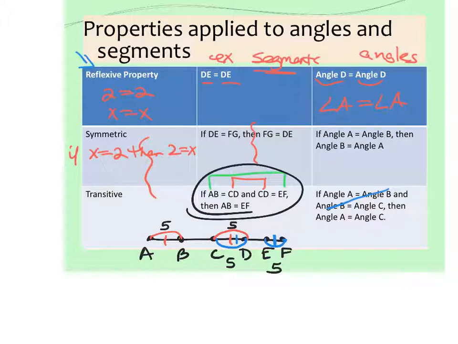So this one, see how I've circled it with the 2 colors? This is where it overlaps, and then you can conclude that AB is equal to EF. So again, you're going to have an overlap, just like the law of syllogism.